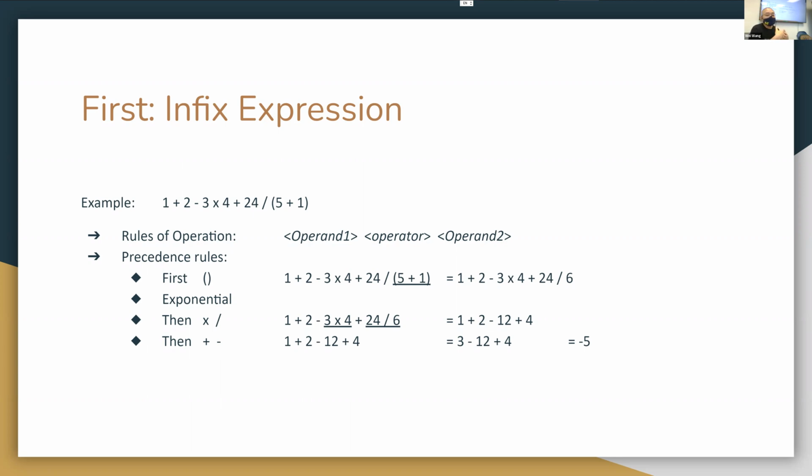When humans work with computers, humans would write expressions like this, 1 plus 2 minus 3 times 4, and so on, and then we would expect computers to understand that and follow our rules to solve that expression.